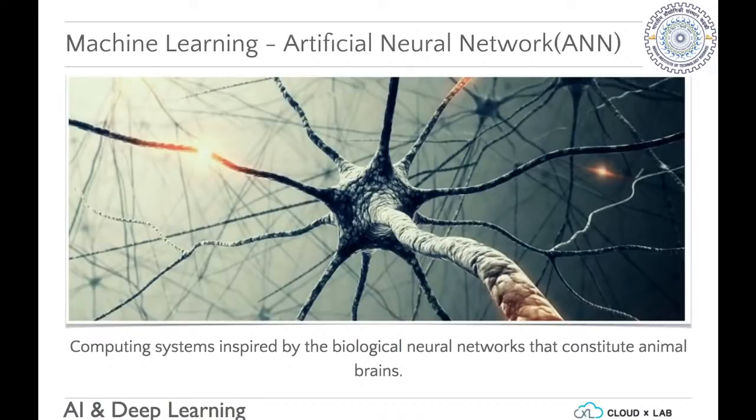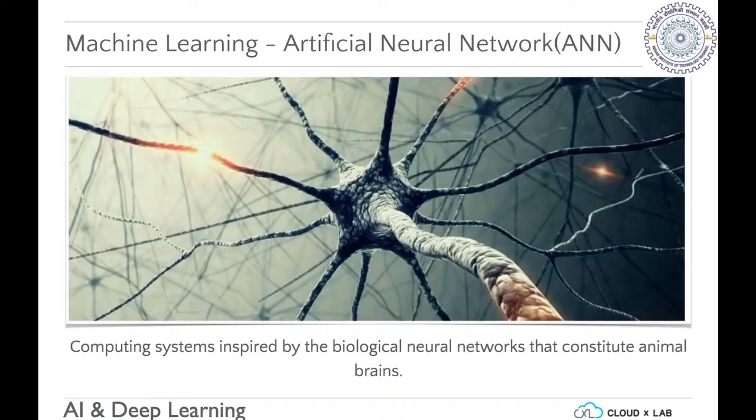All right, now the next thing I want to discuss briefly is the artificial neural network. Artificial neural network, or ANN, is basically a computing system to do predictions, inspired by the biological neural network that constitutes animal brains.